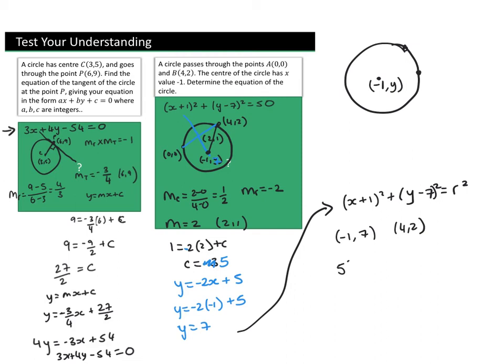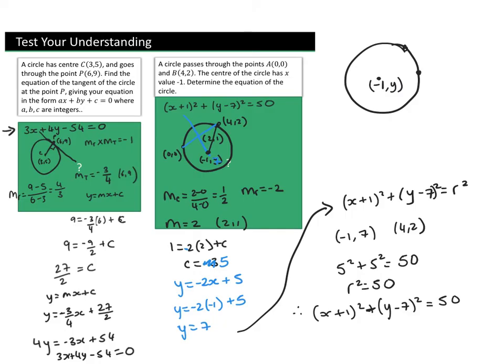So we're going to have 5² + 5² = 50. So that means our radius squared equals 50. So therefore, the equation of the circle is (x + 1)² + (y - 7)² = 50.